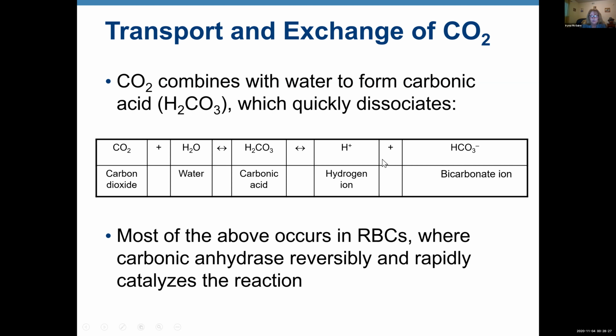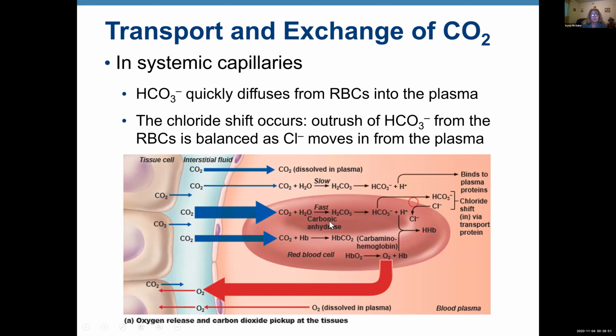Now this process can happen in plasma, but most of it actually happens in the cytoplasm of red blood cells, because red blood cells have a special enzyme, carbonic anhydrase, that reversibly catalyzes this reaction. So it's catalyzed in both ways, right? This picture explains what's going on.